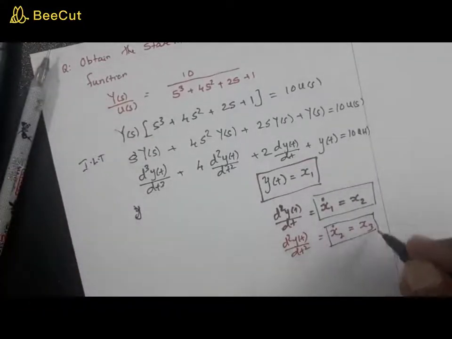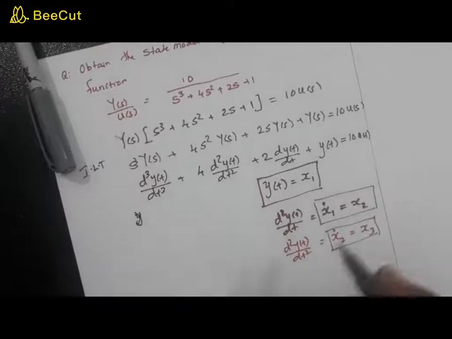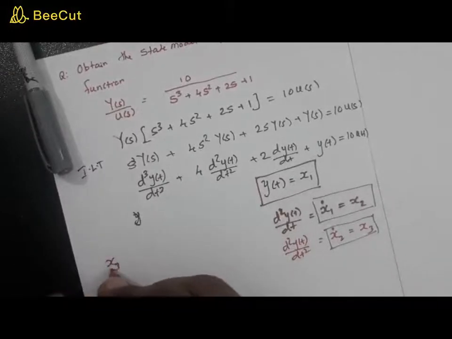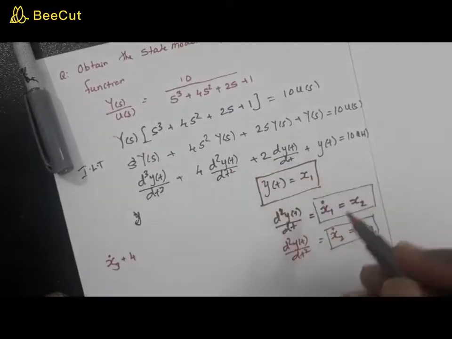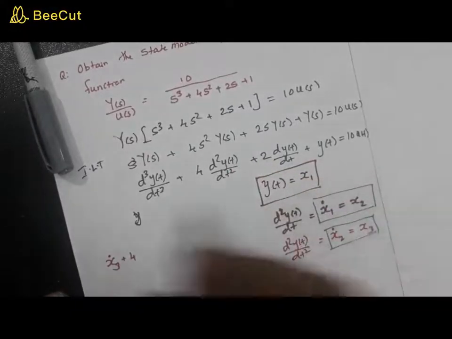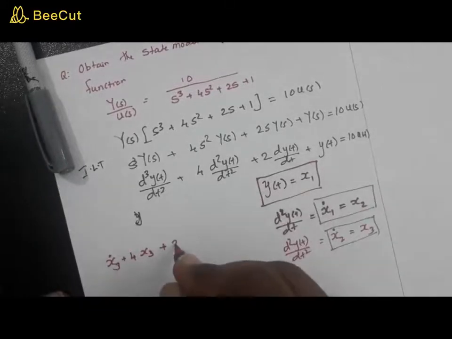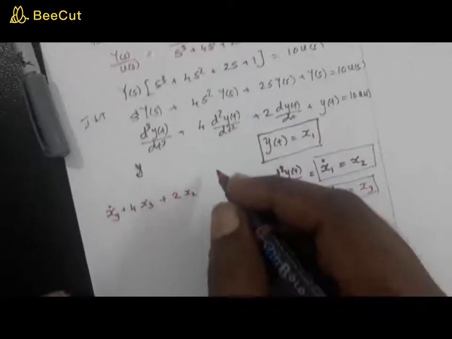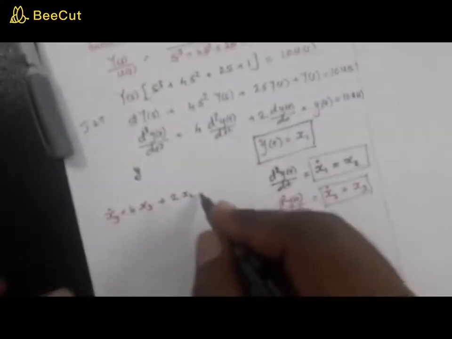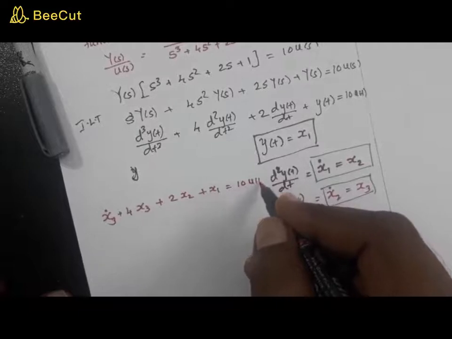Now from this, how will you obtain x3 dot? You will get x3 dot from this equation. So x3 dot is going to be equal to 4 times d squared y(t) by dt squared, that is x2 dot or x3, so 4 times x3, plus 2 times x2, since dy(t) is assigned as x2, and then x1 is equal to 10 times u(t).